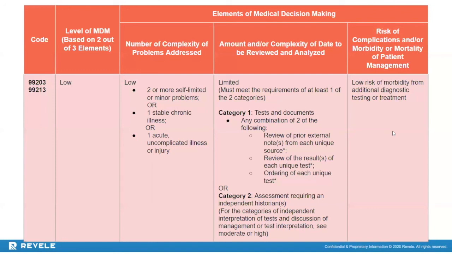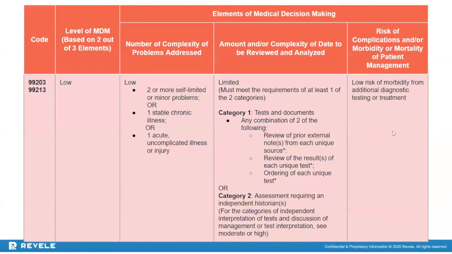One would be review of a prior external note or notes from a unique source. Another would be review of the result or results of each unique test. And last would be ordering of each unique test. Or category 2 would be an assessment requiring an independent historian or historians.